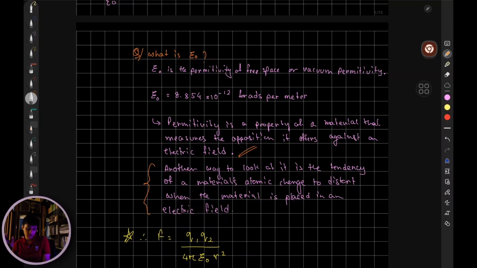So this is talking about another way, where you look at it as the tendency of a material's atomic charge to distort when the material is placed in an electric field.